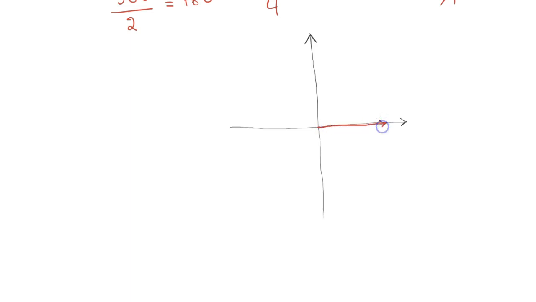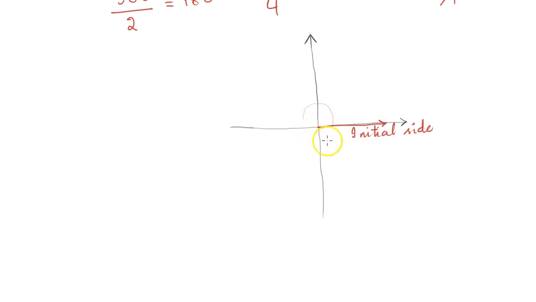So this becomes the initial side of the angle. And then for the terminal side of the angle, you move counterclockwise around this Cartesian coordinate system like this.